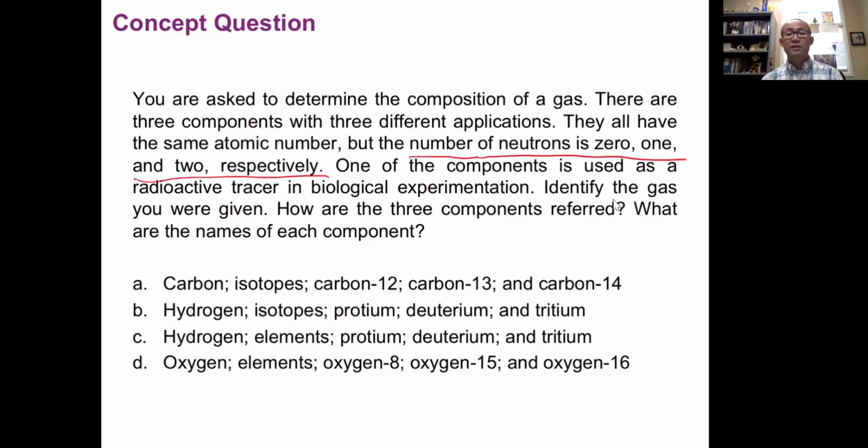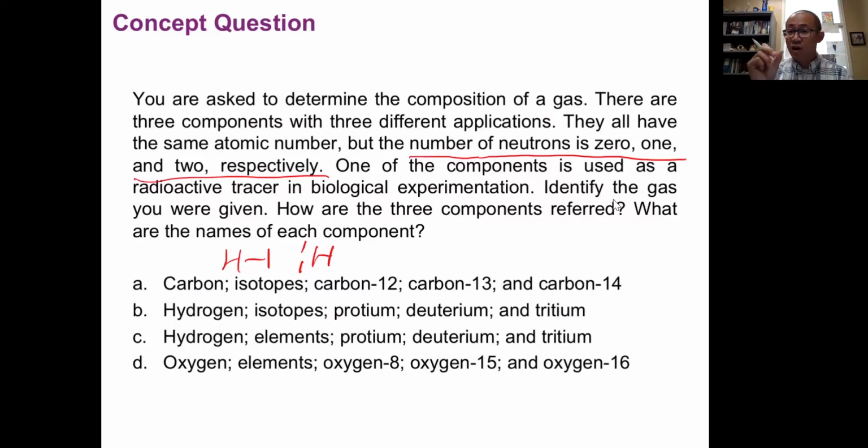When you read that, you will know the isotopes are hydrogen, because hydrogen-1 is the one without any neutrons. You can use the notation with 1 and 1. This is the notation of hydrogen-1. It means this hydrogen has 1 proton, and the mass number is also 1. The mass comes from that proton, and there are no neutrons. If you read that, you know the isotopes will be hydrogen.